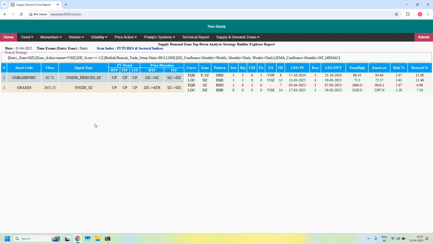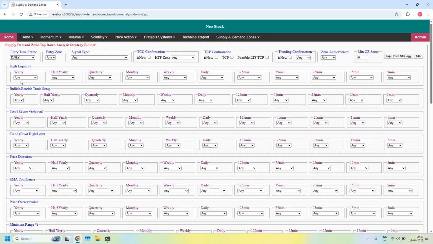Okay, this is bullish trade setup for monthly income trade. Next, bearish trade setup for monthly income trade. Let us generate the reports. So entry time frame is daily, entry zone is supply zone, and in bullish or bearish trade setup at daily, I am selecting bearish. The zone achievement should be violated opposing zone, and minimum odd enhancer score should be 12.